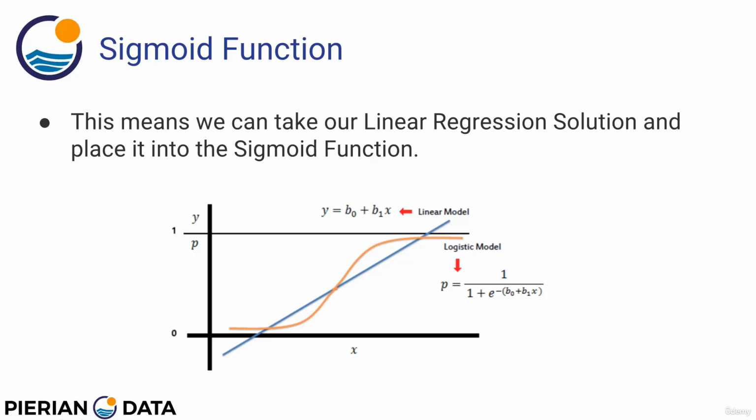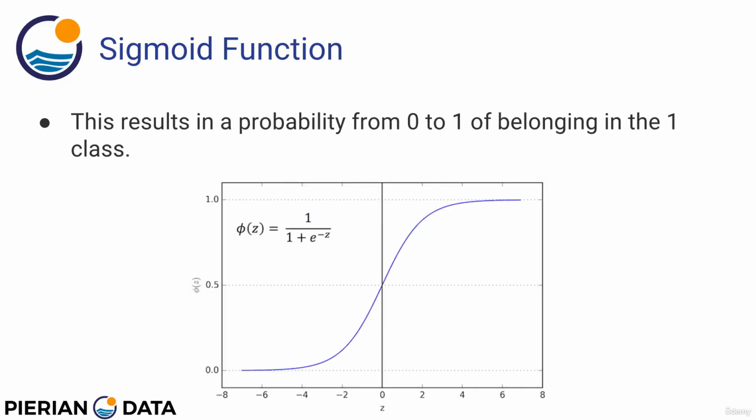Again, if you want more review on this mathematics, make sure to read sections 4 through 4.3 of Introduction to Statistical Learning. But the basic premise of all of this is that this results in a probability from 0 to 1 of belonging in the 1 class. Again, it doesn't matter what we put in on this horizontal axis, on the vertical axis, we'll always get some sort of probability between 0 and 1.